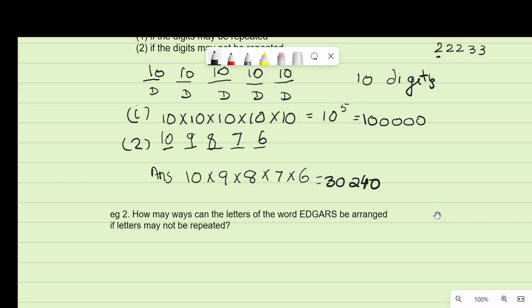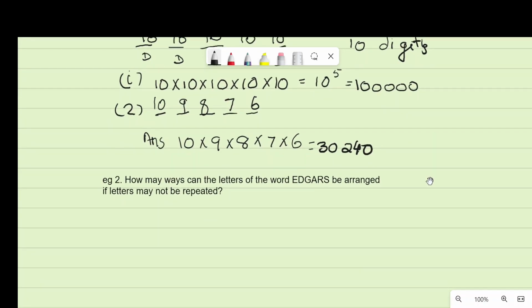How many ways can the letters of the word Edgar's be arranged if letters may not be repeated? That's the question. No other options now. So you have the word Edgar's. How many ways can you arrange so that the letters cannot be repeated?